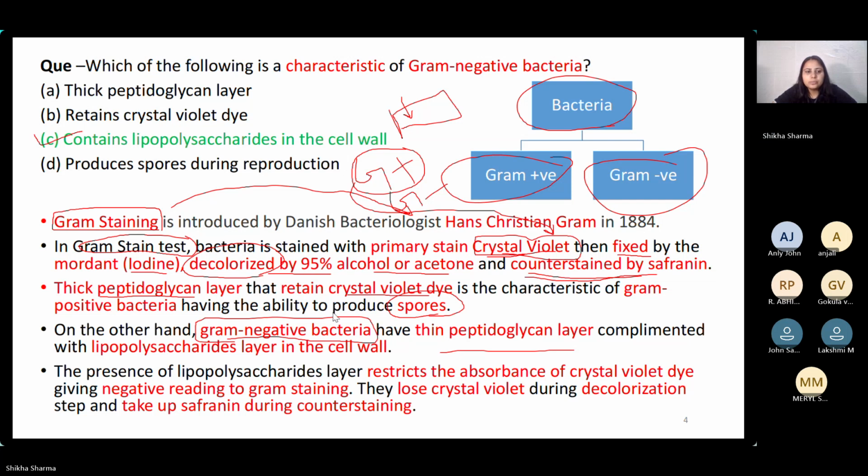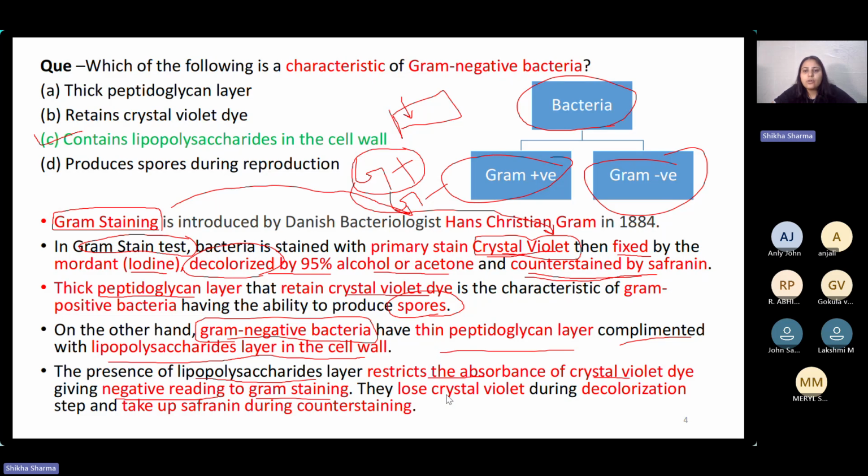So gram negative bacteria have the peptidoglycan layer, which is complemented by a lipopolysaccharides layer. It has a peptidoglycan layer plus a lipopolysaccharides layer in the cell wall. The lipopolysaccharide layer restricts the absorbance of the crystal violet dye, giving the negative reading for the gram staining.